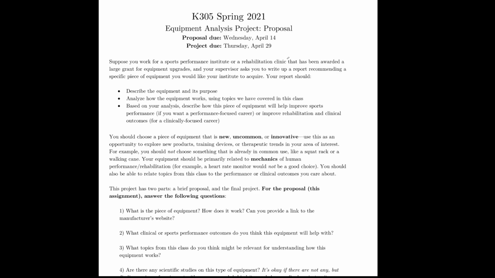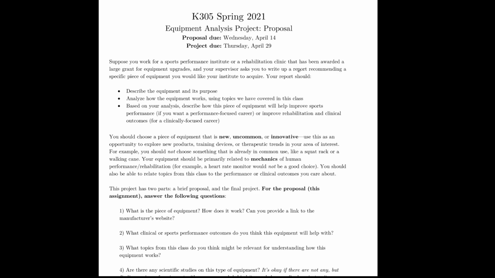My goal with this is to have you be able to explore some topic that's of interest to you. So maybe something different from what we've been covering in the class so far, or something tailored to your particular interests. And to that end, I'm requiring that you choose a piece of equipment that's not just some normal thing.